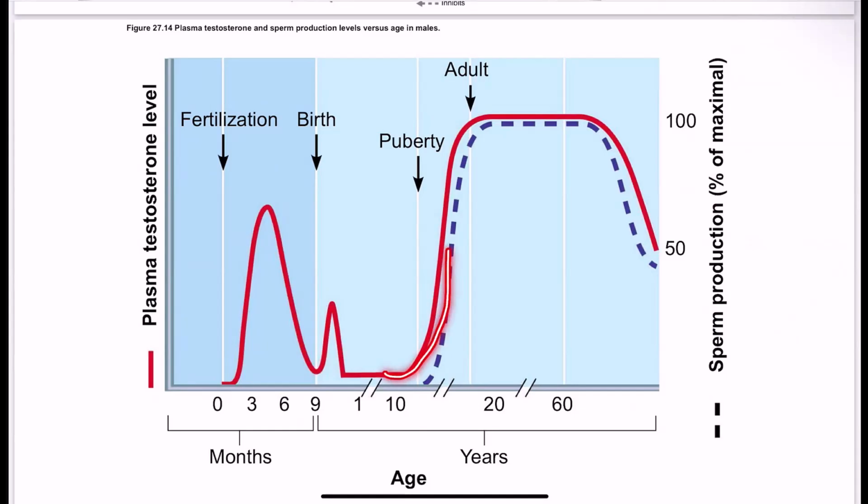Lots and lots of testosterone is produced till we level off and plateau at the adult level. And then about age 60 or so, we start to decline in testosterone production. The red line here is testosterone, and that dotted blue line is sperm production. So notice that sperm production really tracks with testosterone post-puberty.